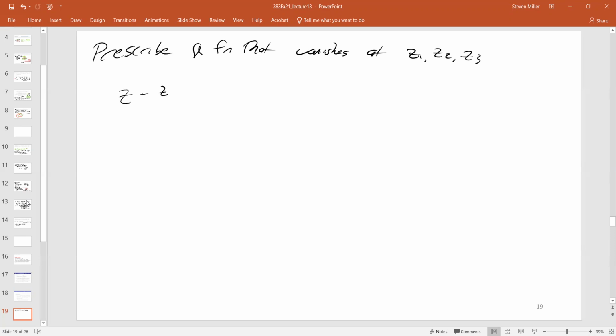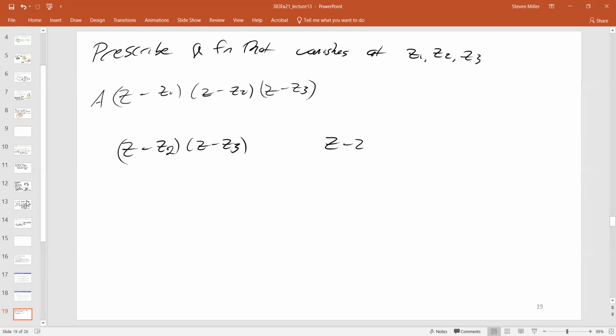Yeah, so I could do z minus z1, z minus z2, z minus z3, and multiply by some constant. Another thing I could do is look at z minus z2, z minus z3, then z minus z1, z minus z3, and then z minus z1, z minus z2.